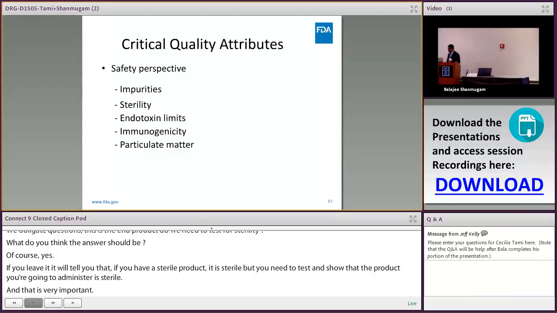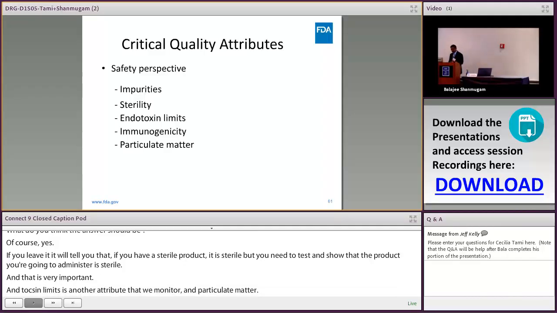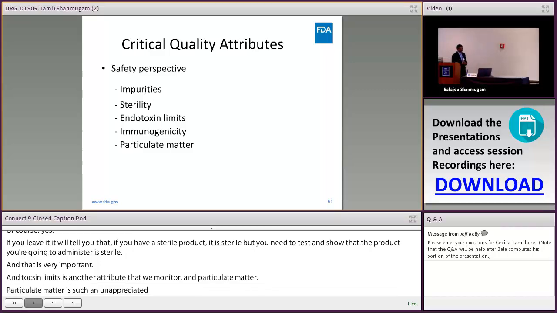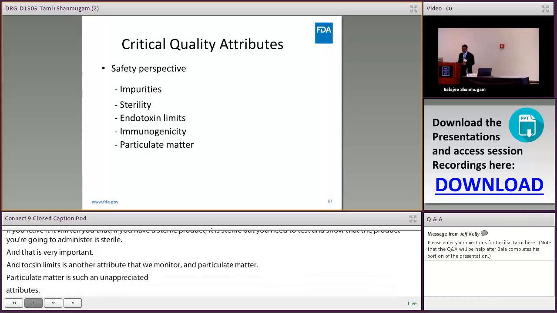Particulate matter is such an unappreciated attribute, if you will. And I know Maureen is here, and the anti-infective group is just smothered with lyophilized products for intravenous administration.